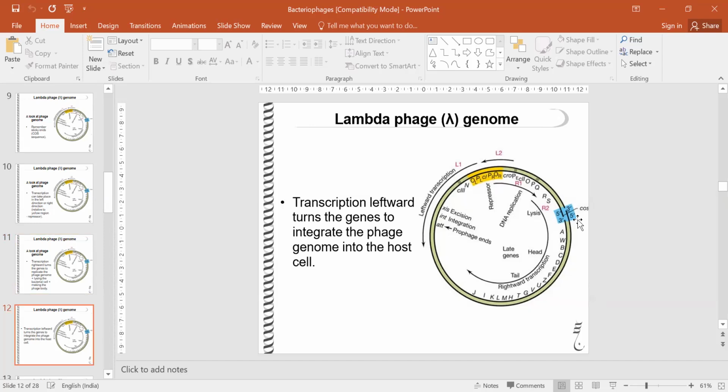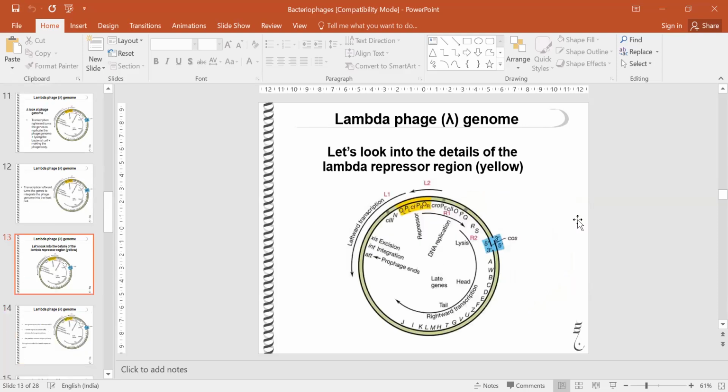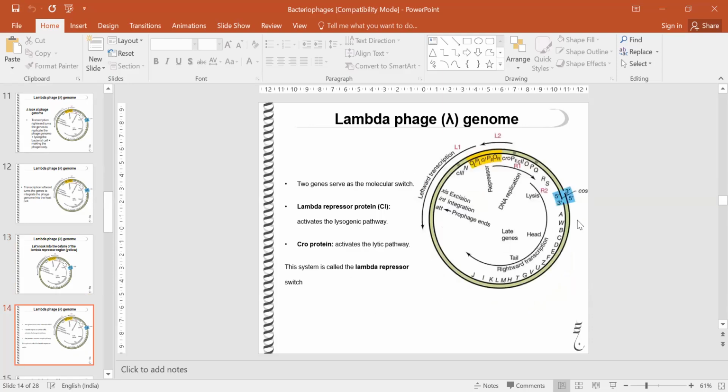Transcription to the left side turns on the genes to integrate the phage genome into the cell. Turning on, in the yellow region, either the right side or the left side, is decided here. There is a switch called the molecular switch, and it is based on the lambda repressor protein, lambda CI.